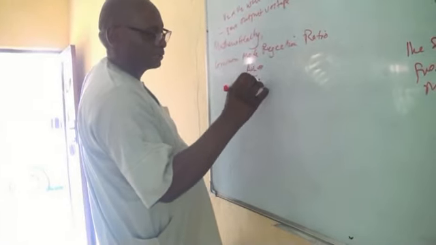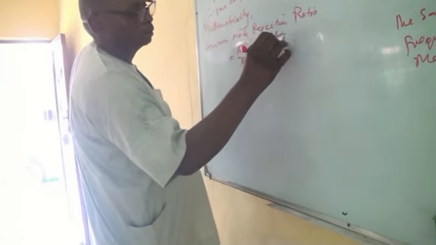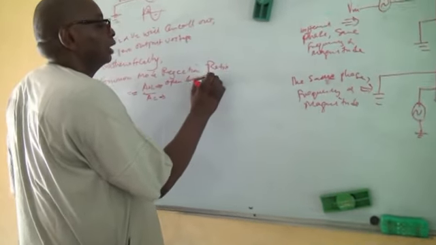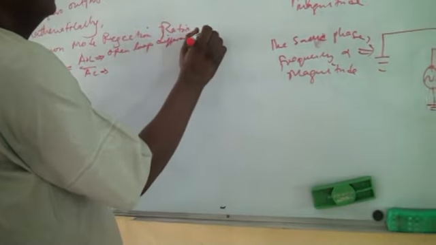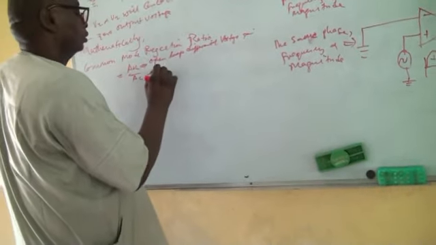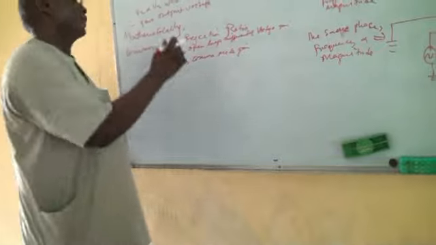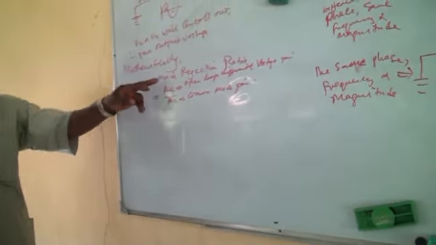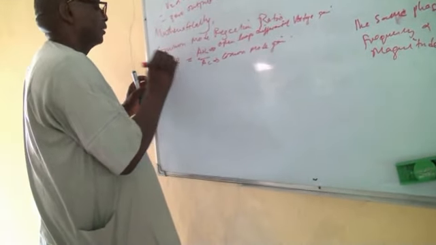This one, AOL, is the open loop differential voltage gain. This is the common mode gain. Can you see the difference? So this is the formula for the common mode rejection, and you can have it as CMRR.